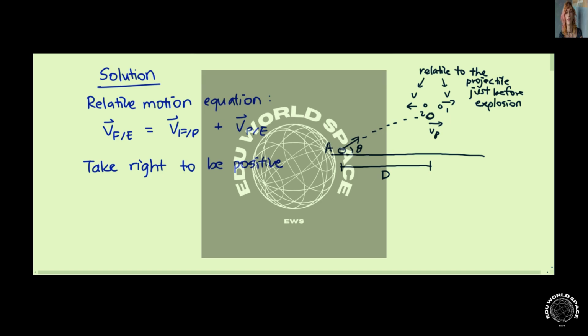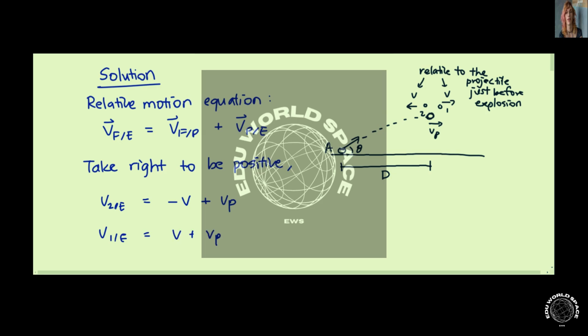Now we want to find v1 relative to E. For fragment 2, this is negative v plus vp. And then the next one is fragment 1. Fragment 1 is v plus vp.